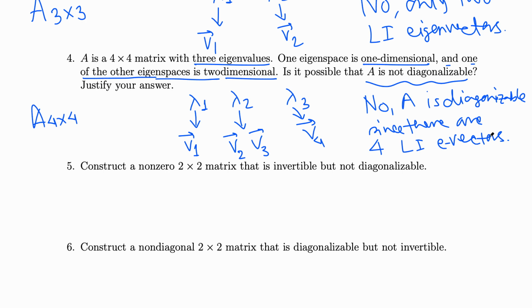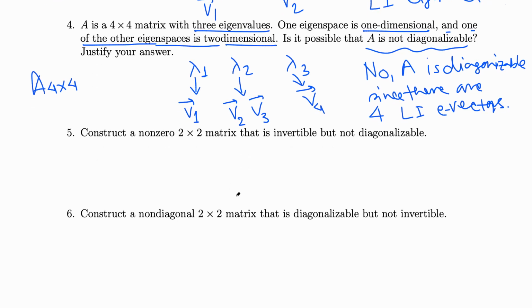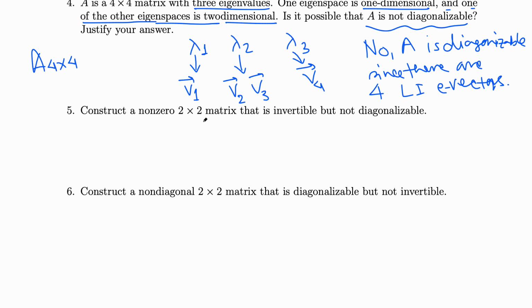Number 5. Construct a 2 by 2 matrix that is invertible. Means when we write 2 by 2, the determinant should be non-zero. Invertible but not diagonalizable. Okay, so let's try.